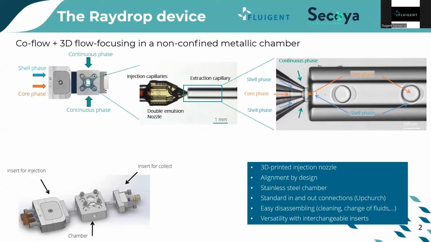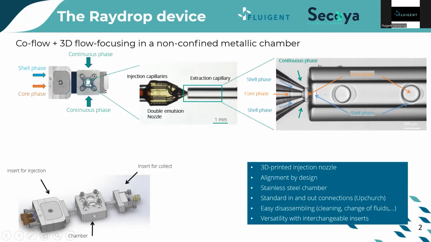The Ray Drop is based on the same principle that you have seen during Jan's presentation. It's based on the combination of a co-flow and 3D flow focusing. Here, the difference is that it's embedded in a non-confined metallic chamber. So the idea is to have this metallic device, which will contain a chamber.